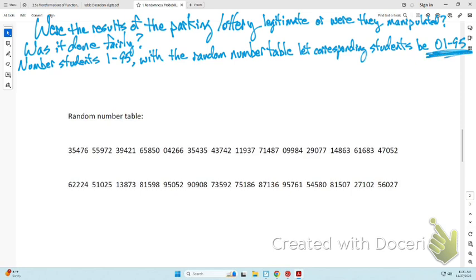Because if you think about it, 0, 1 is just as likely to be outputted as, say, 95. You need to ignore numbers out of that frame. So ignore 96, 97, 98, 99, and 00. You could just say 96 to 00.